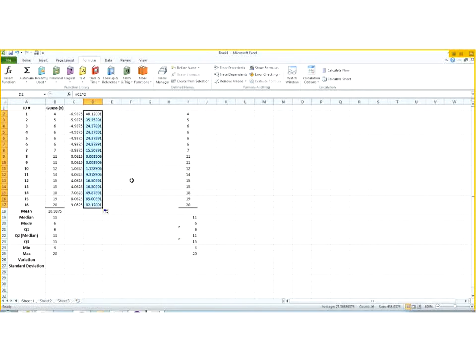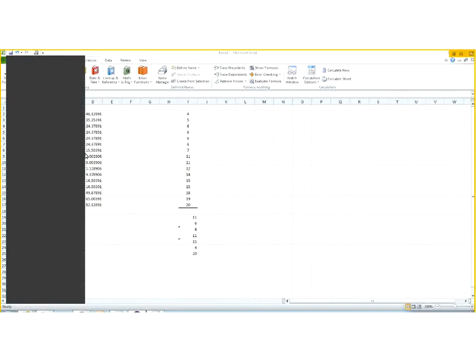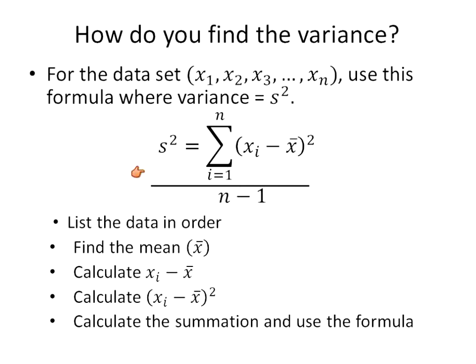Okay, so the variation, remember, let's go back. The variation was the summation of all those squared numbers that we just got divided by the last ID number that we have, which is 16.